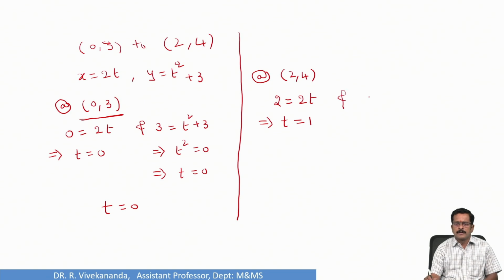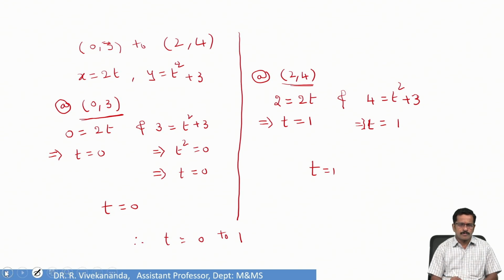And 4 equals t square plus 3, and t equals 1 satisfies it. Means at this point t becomes 1. So therefore t is varying from 0 to 1. The t limits are 0 to 1, that we take for evaluating the integration.